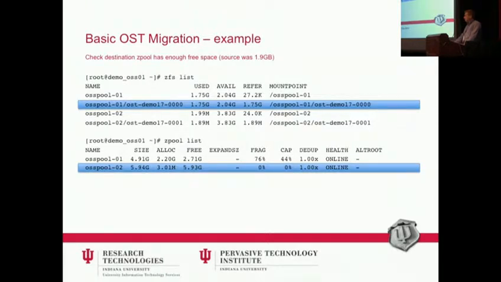So the point here is that you have to have free space wherever you want to replicate to. You do not want to discover that you do not have enough free space mid-transport.